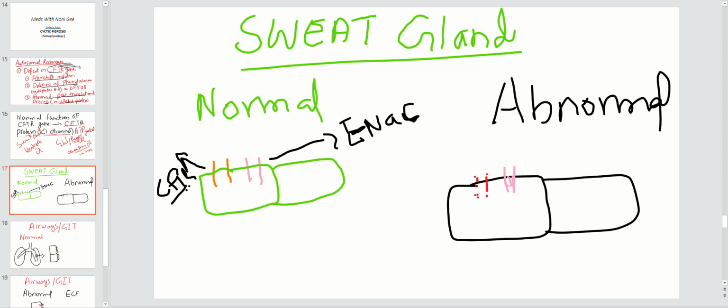Normally it causes absorption of chloride. Chloride from the lumen is reabsorbed into the cells, let's say this is your skin surface. As chloride is reabsorbed, sodium is also reabsorbed through this epithelial sodium channel, right? So what is happening in your sweat? You have a decreased amount of chloride and sodium.